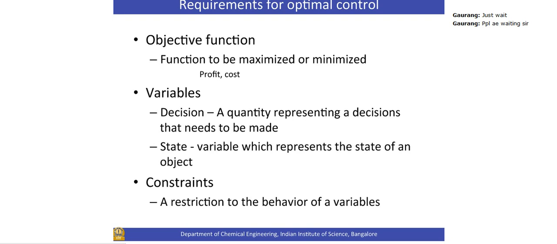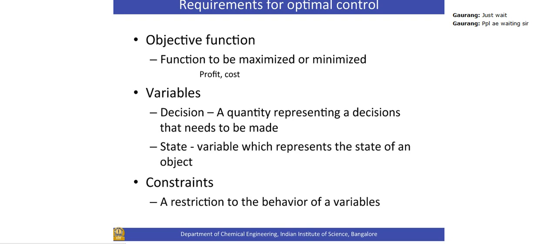Now, in order to achieve this objective, how do we go about doing that? It is here that we can look at the whole system in terms of the various variables that we have to deal with. We can broadly classify these variables, and there are different ways of doing this. One such way is to say that we have decision variables. These are the variables that we need to find out so that we get our desired objective.